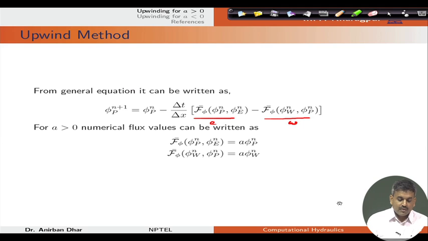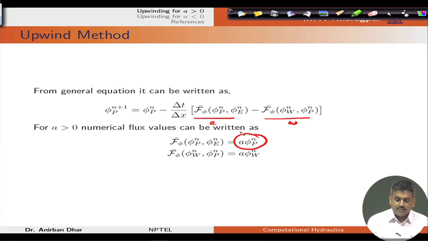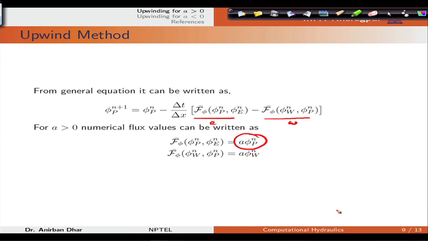For a greater than 0, we can approximate this numerical flux as a phi P. That means at the interface of the cell P and E, information is travelling from P cell to E cell.